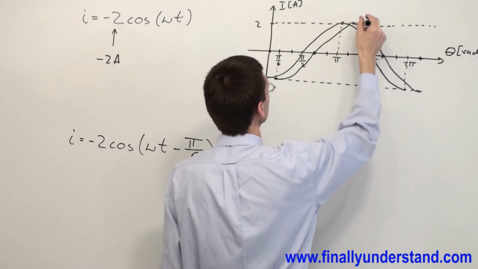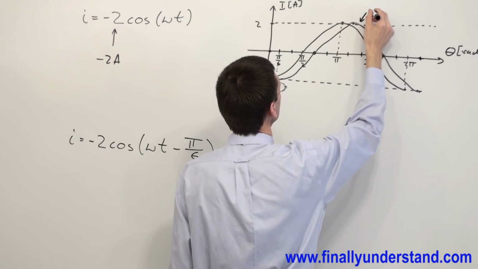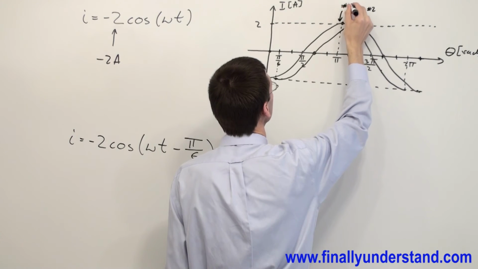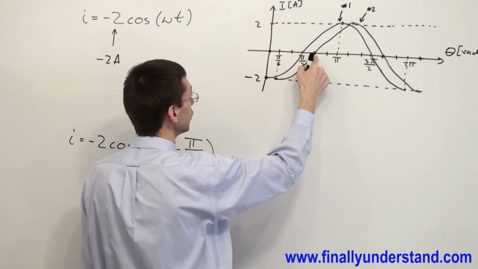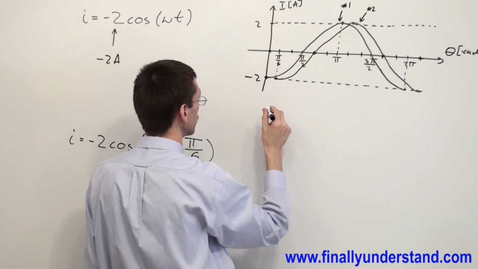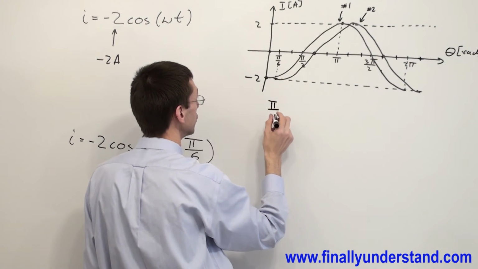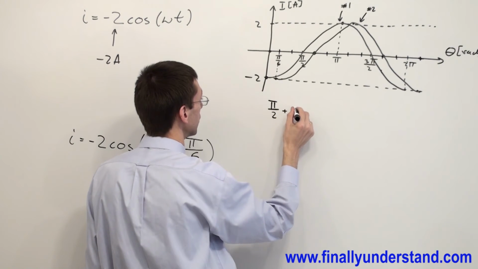So this is problem number 2, and this is problem number 1. Now, if you want to find the value of this point, you simply add pi over 2 and pi over 6.